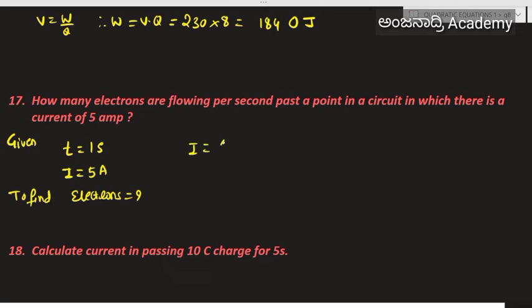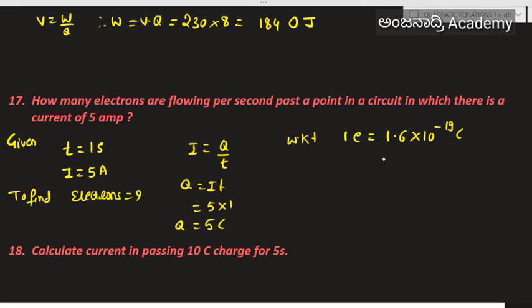I is equal to Q divided by T. We know that Q is equal to I into T. I is how much here? 5 into time is how much? 5 coulomb. See, we know that 1 electron is equal to 1.6 into 10 raised to minus 19 coulomb.